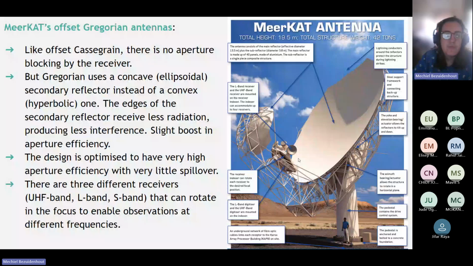The feed specifically is the part of that antenna where the light is collected and turned into a voltage. So in this MeerKAT antenna, these horns are the feeds, and they collect the radio signals and send them to a receiver, which measures the voltages and digitizes the signal. Does that make sense, Paul? Perfectly made sense. Yeah. Cool.